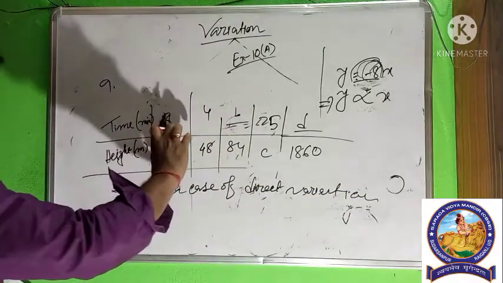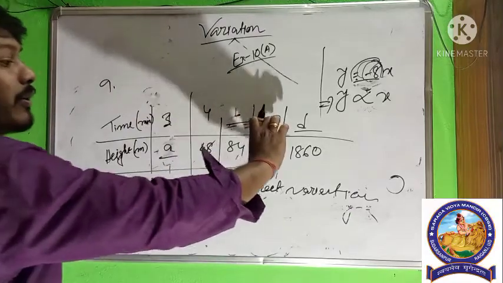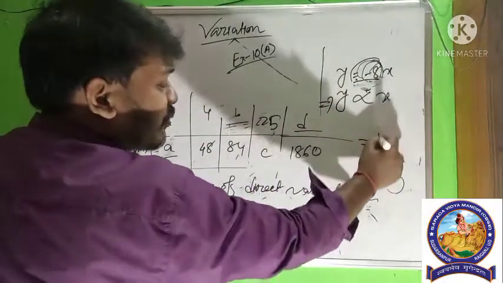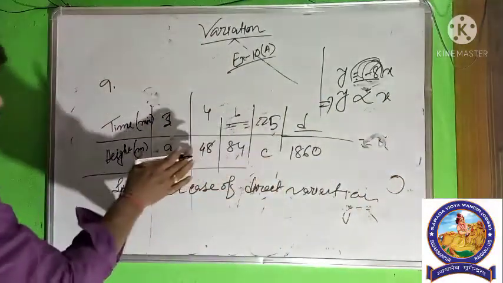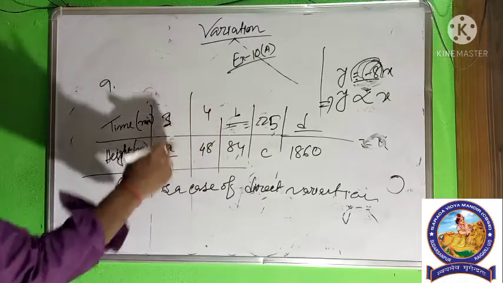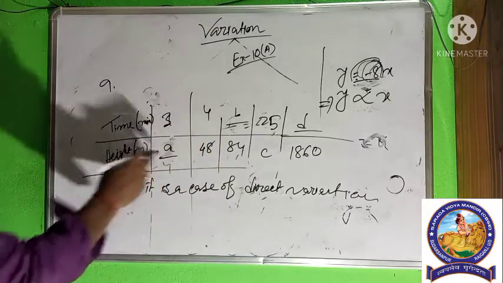That means this ratio equals this ratio equals some constant. So we need not think about the constant, because if we only compare these two ratios as equal, then from here we can find the value of A.